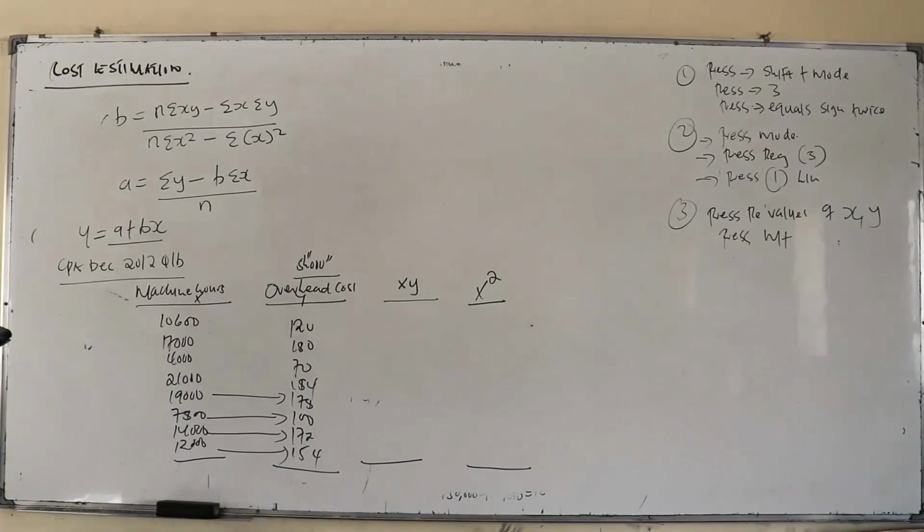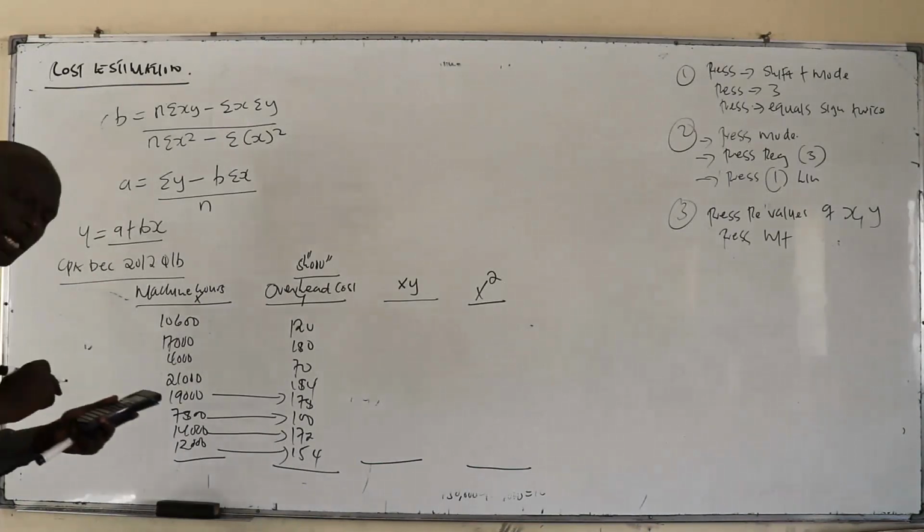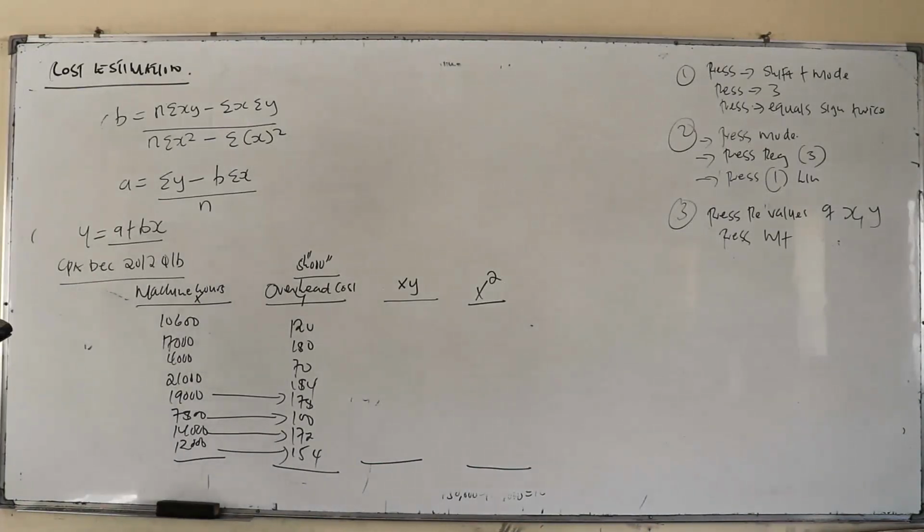You go to 7,800, comma 100, M plus. Then 14,000, comma 172, M plus. Then 12,000, comma 154, M plus.